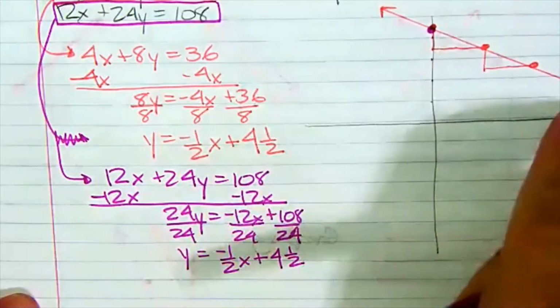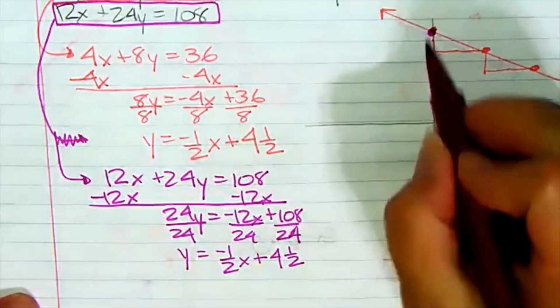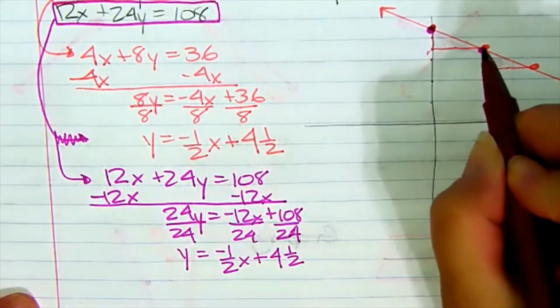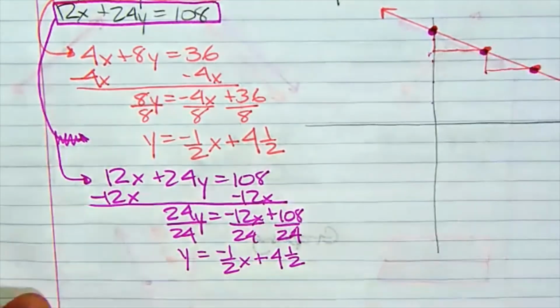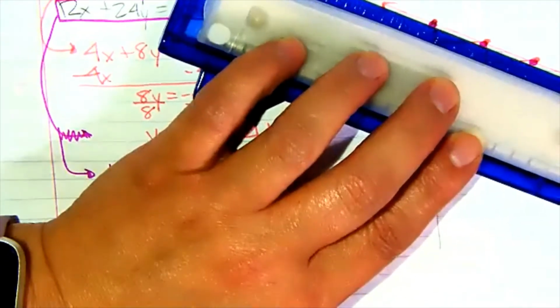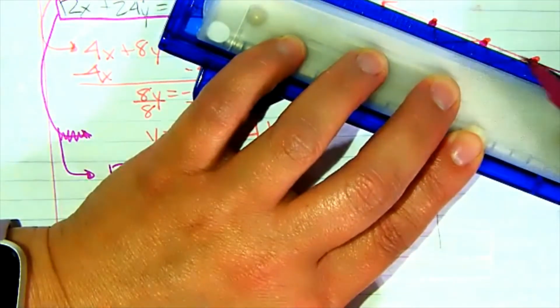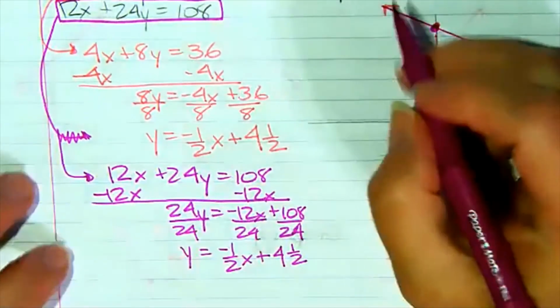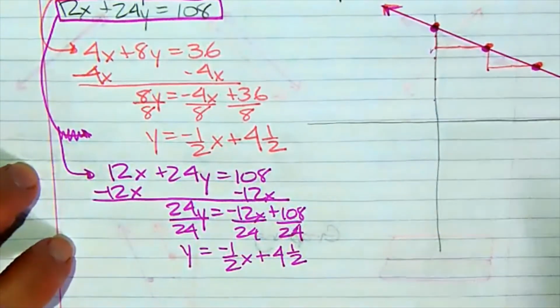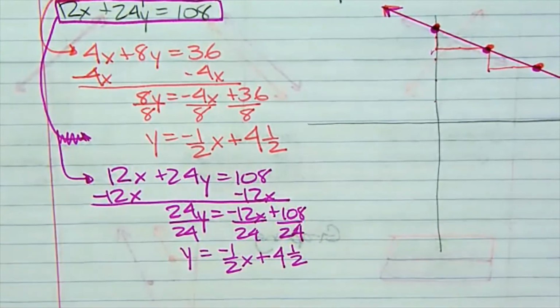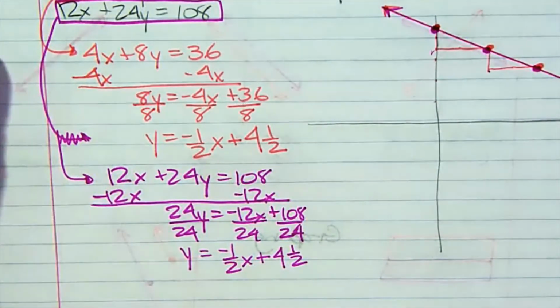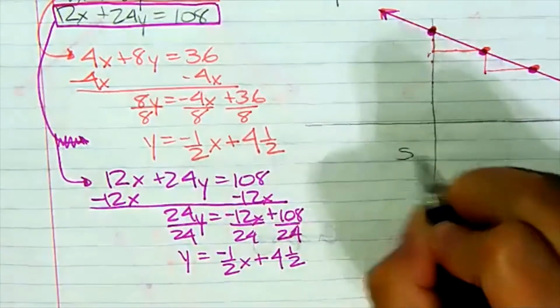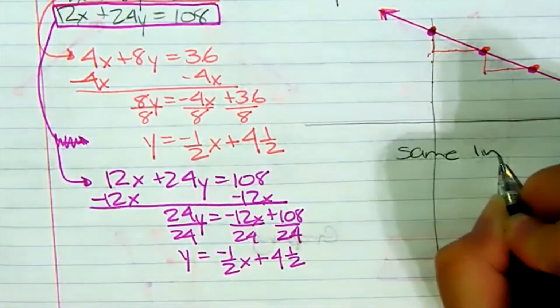My slope is negative, and I'm going to go down 1 and over 2. Down 1 and over 2. I can see they are the same line. These are the same line.